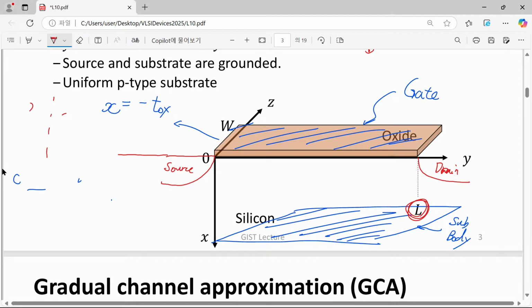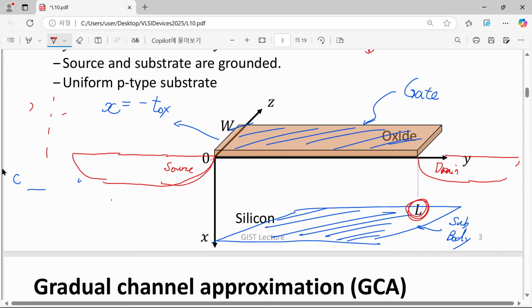Usually we draw only the central part, but in reality, the shape of the smallest device is not like this. This is a more realistic view of our transistor.